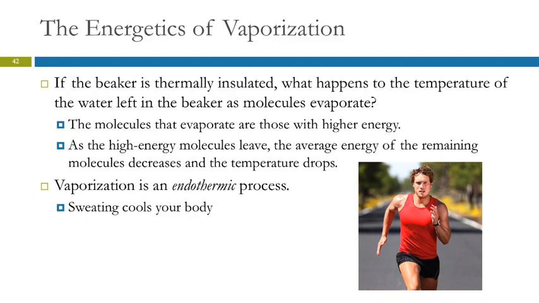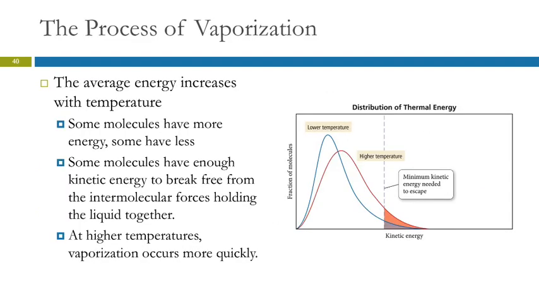Okay, so if that beaker of water was thermally insulated, meaning we're not allowing any heat energy to come in or go out through the sides or the bottom of the beaker, what's going to happen to the temperature of the water that's left in the beaker as the molecules evaporate? Well, let's look at this. Which molecules are the ones that are leaving?